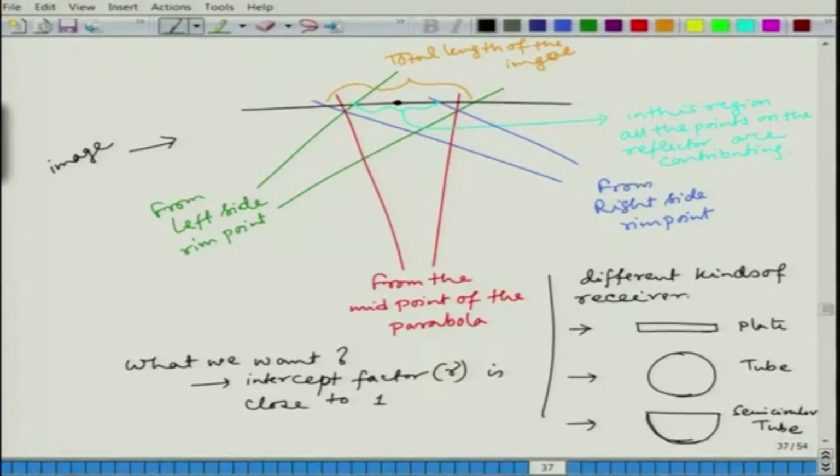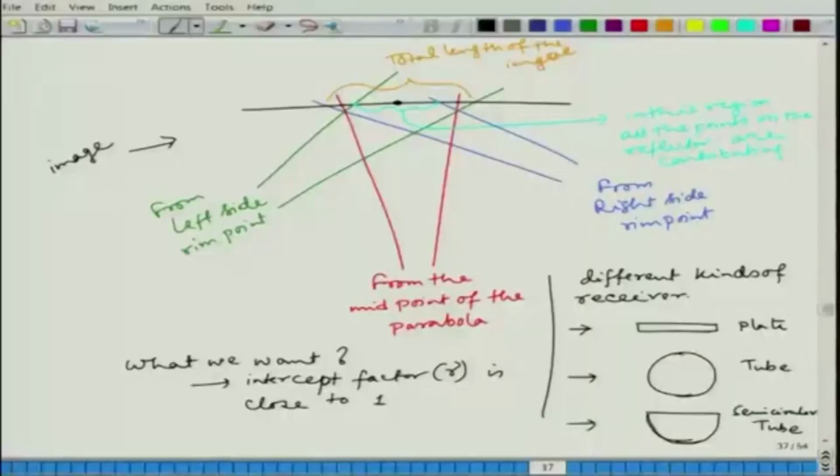So, how to determine the dimension of the receiver which will have the maximum intercept factor? That means all the reflected rays coming from the parabolic trough should intersect with the receiver part. So, let us look at that.